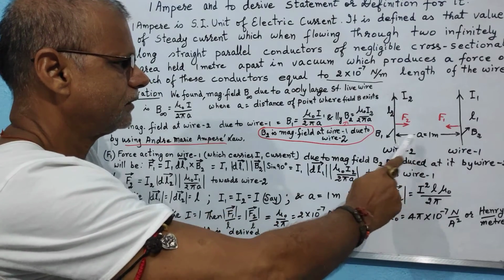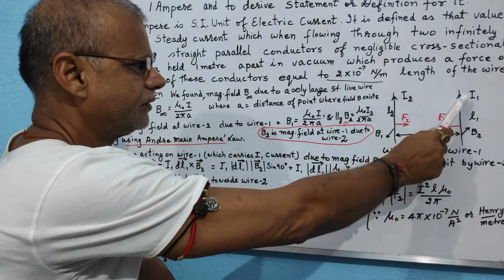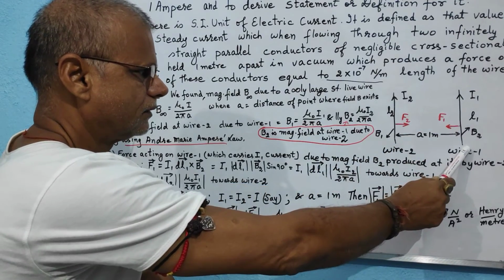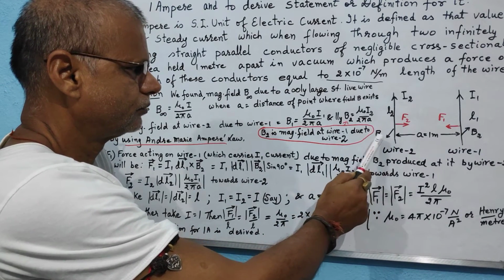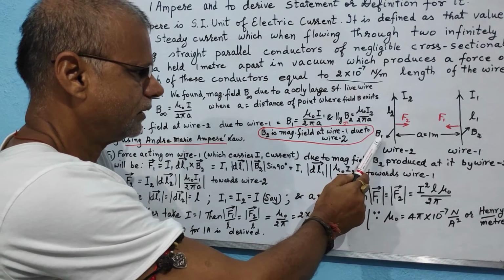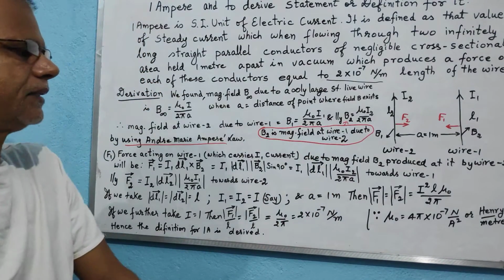The distance between these two wires is a. Therefore the magnetic field due to wire 1, which carries I1 current, at wire 2 is, say, B1, equal to mu 0 I1 by 2 pi a.